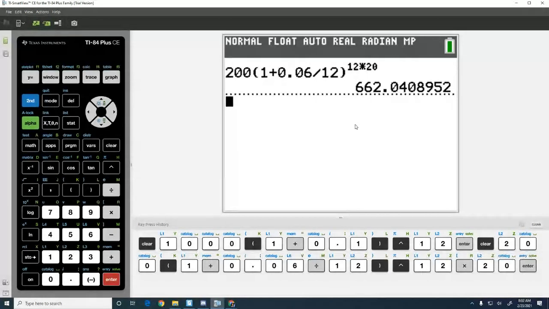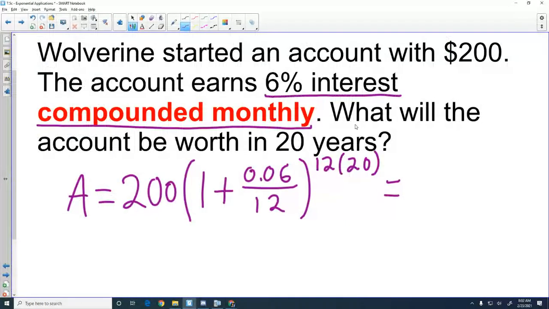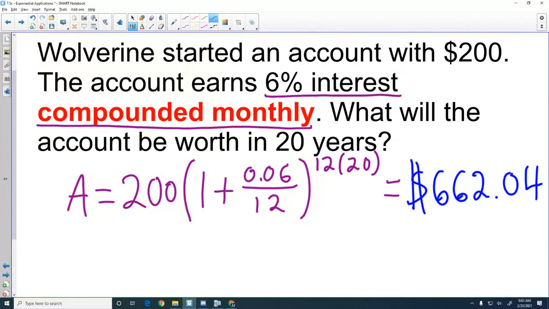Anybody else get that in their calculator? Make sure you can type it in to your calculator to get that same result. Because I know there's a bunch of different types of calculators we have. Make sure you can do this and get that same answer, 662.04.